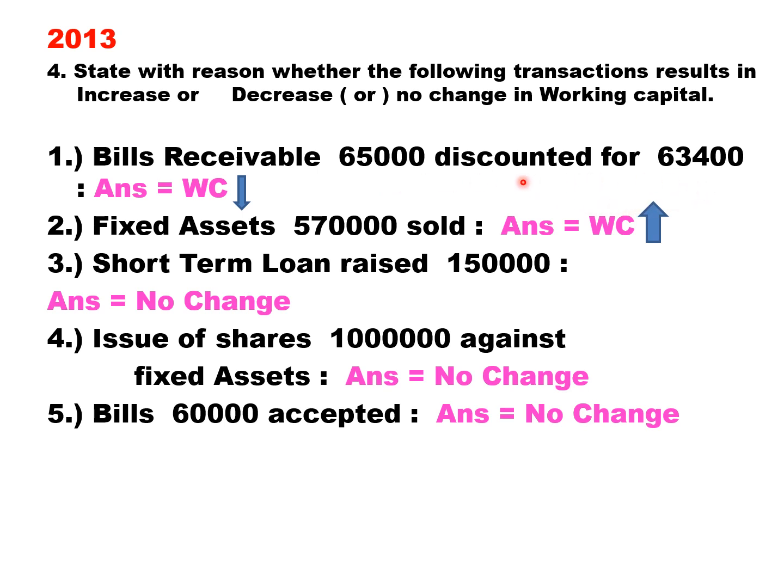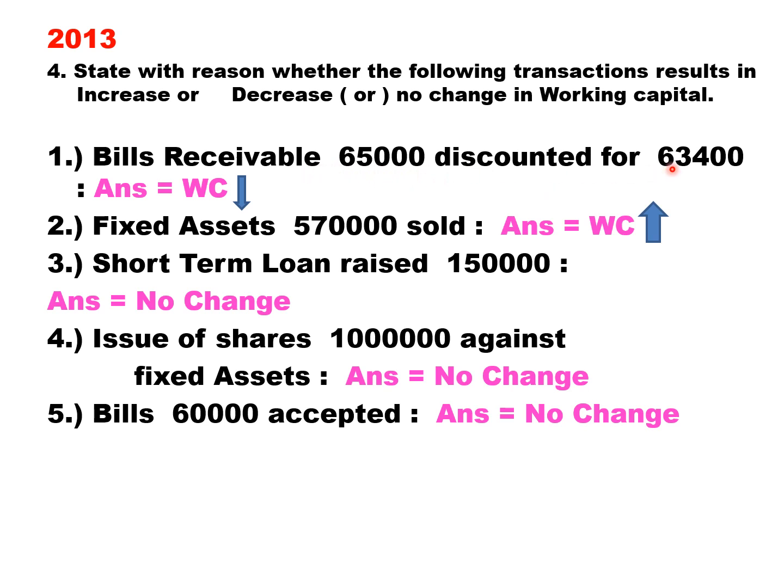So discounted here means the BR is pledged with the bank. So the bank comes forward to give instant cash by taking BR as mortgage. So 65,000 BR goes, 63,400 cash comes. So it's a transaction between the BR and the cash.